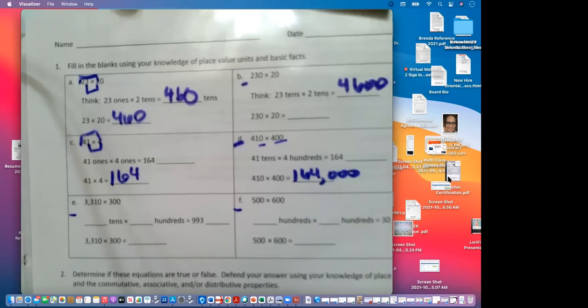E is 3,310 times 300. F is 500 times 600.